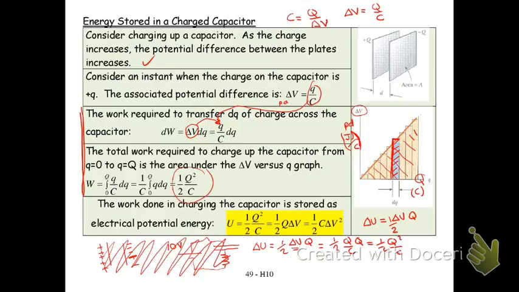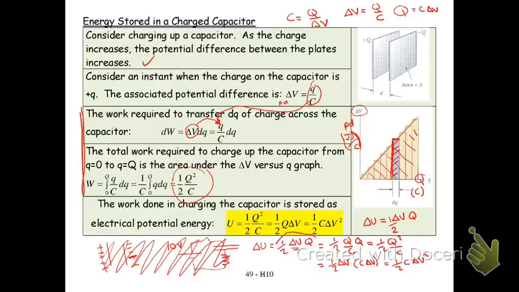And if I want, rather than substituting in for delta V, I can say Q is equal to C delta V. So rather than Q, I get C delta V. I get a half delta V times C delta V, which equals 1/2 C delta V squared.